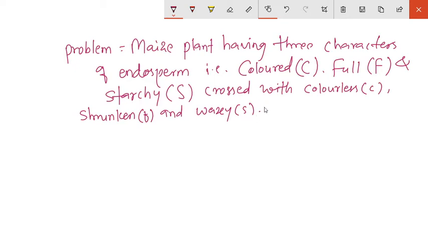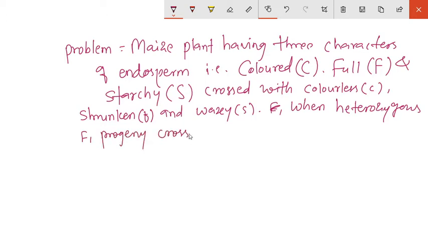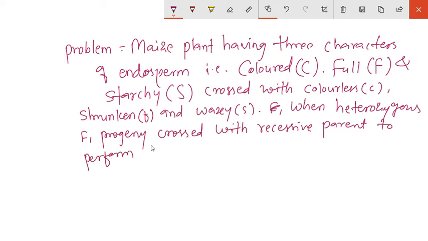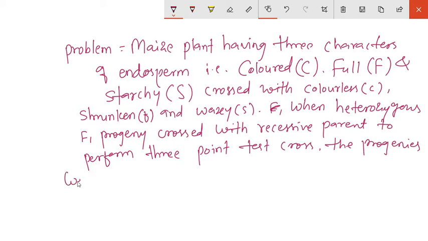When the heterozygous F1 progeny is crossed with the recessive parent to perform the 3-point test cross, the following progenies were produced.